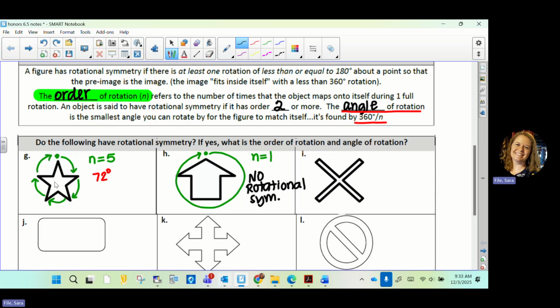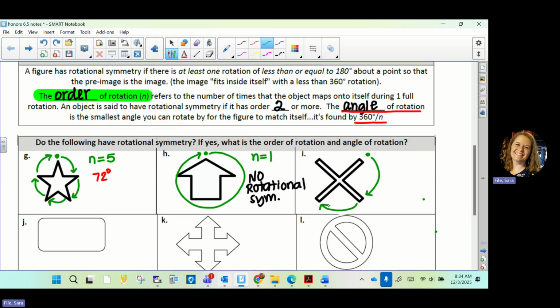Now, G, the star, had rotational symmetry of order 5. If you want to put that in words, you can. All right. What about this X shape? Let's think of this as the top, or you could think of one of the vertices if you don't want to think of the middle. If I rotated it this much, won't it look the same?